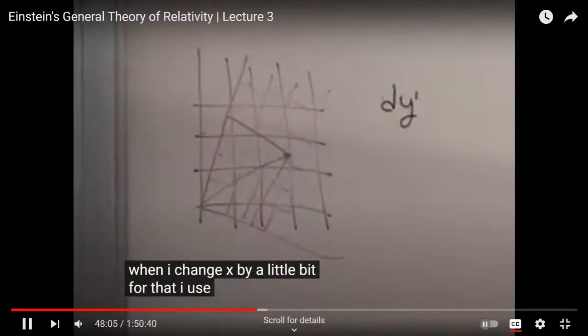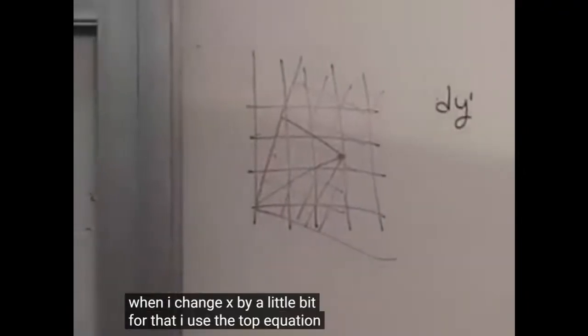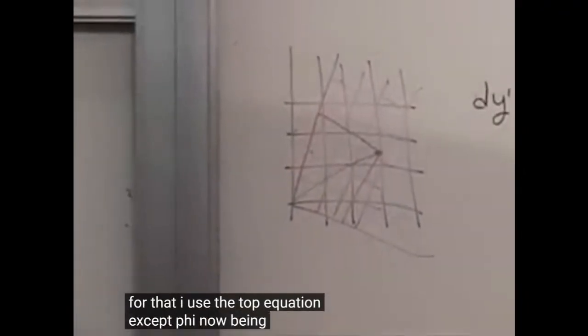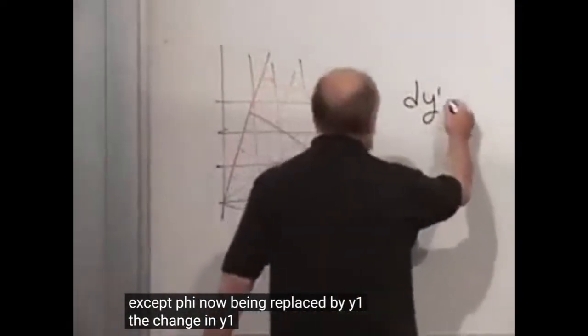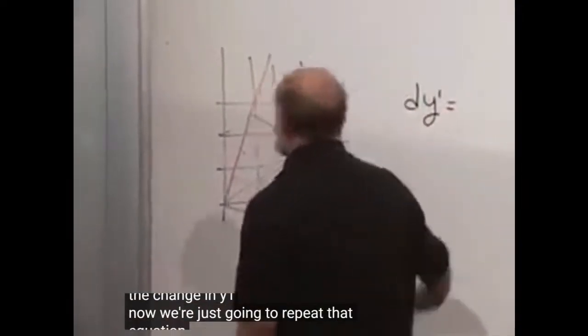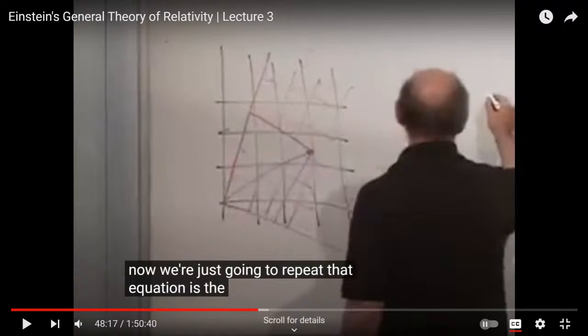For that, I use the top equation, except phi now being replaced by y1. The change in y1, now we're just going to repeat that equation. So y is a function relative to x. So it's d phi dy dy dx. So just the phi dy, which is the derivative.